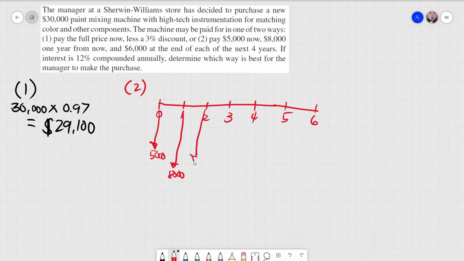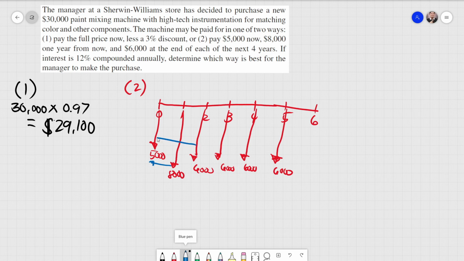So $6,000 dito, another 6,000 dito, another 6,000 dito, and so ang gusto natin gawin dito is that lahat ng mga payments na ito ay kukunin natin lahat ng kanilang present values. So yung 8,000, idadala natin siya papunta sa year 0. Ganon din sa lahat ng mga succeeding years ng ating scenario dito.